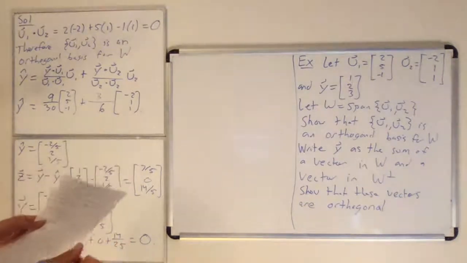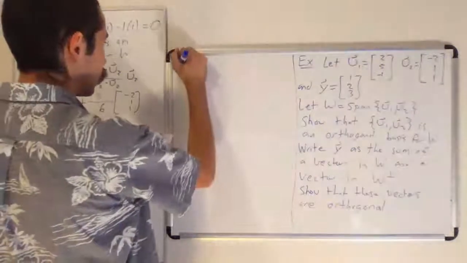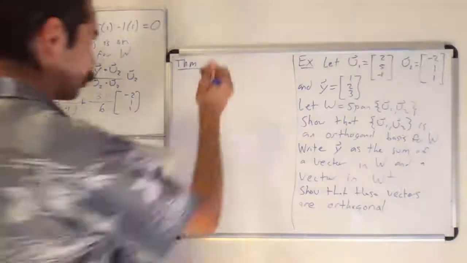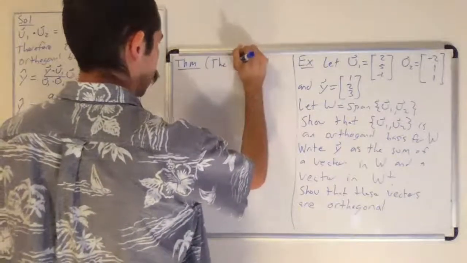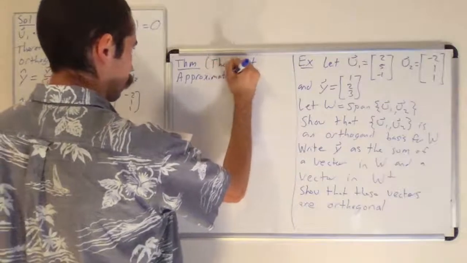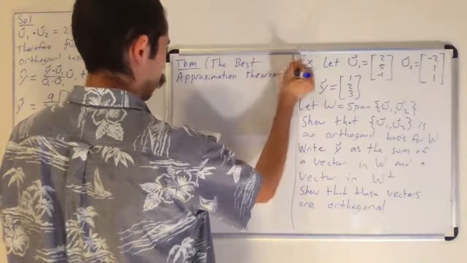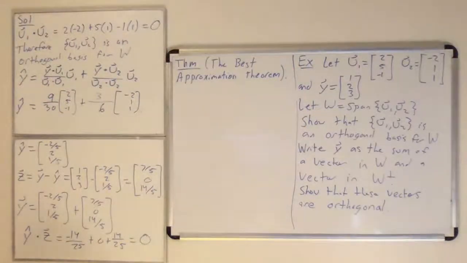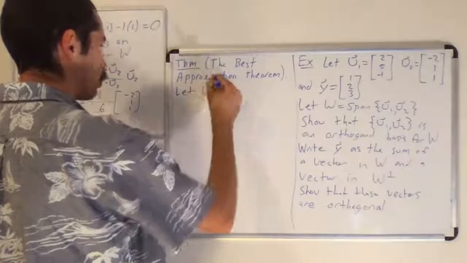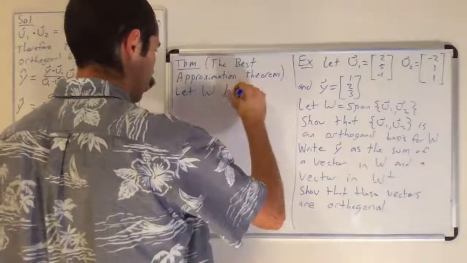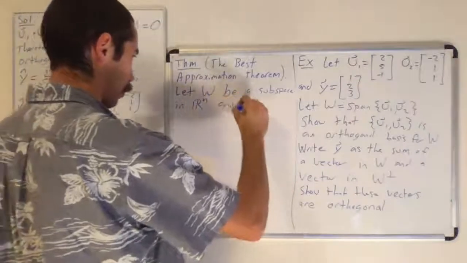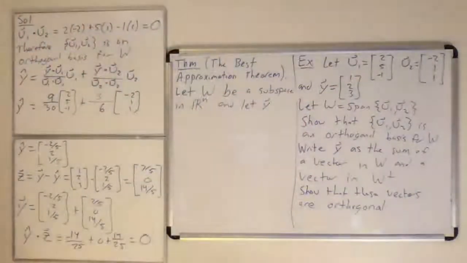All right, let's state another theorem. It's called the best approximation theorem. It says let W be a subspace in Rn, and let Y be any vector in Rn.